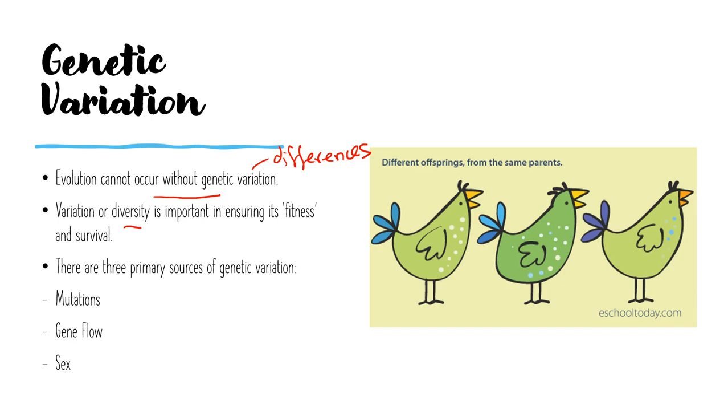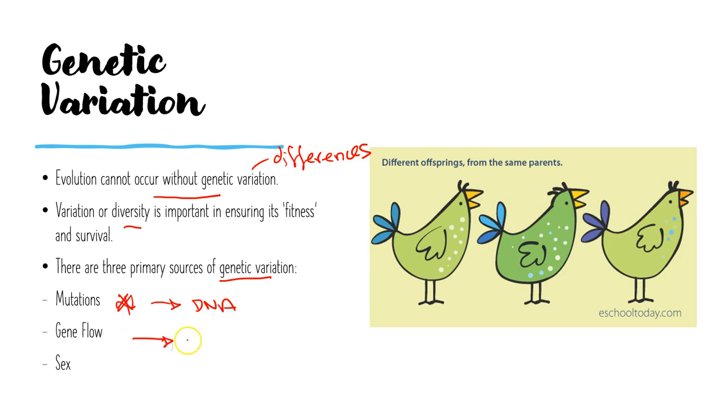There's always genetic variation in a population, and we can see that in our school community, in dogs and cats and various other things. Okay, things never look exactly the same, and they always have an accumulation of different traits. There are 3 primary sources of genetic variation that we look at. These are mutations at the genetic level, so this is talking about mutations in the DNA of an organism.